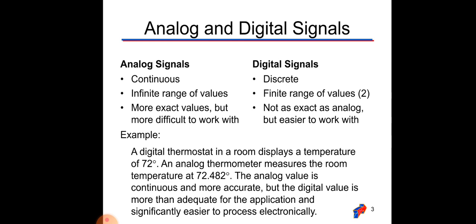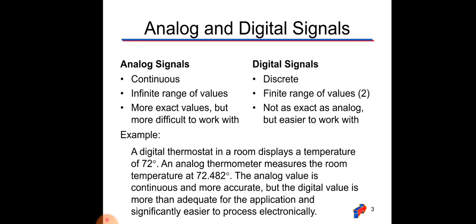Here we have an example of analog and digital signals. A digital thermostat in a room displays a temperature of 72 degrees. An analog thermometer measures the room temperature at 72.482. Here you can see how exact the analog thermometer is: it gives the value in decimal form, 72.482, but the digital thermometer only measures 72 degrees and does not give the value after the point.